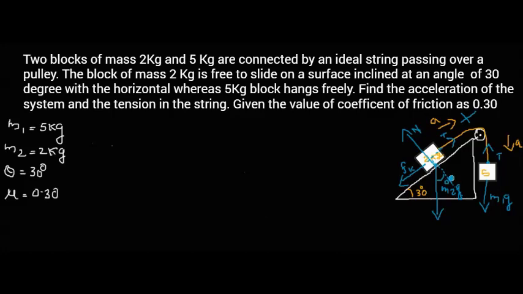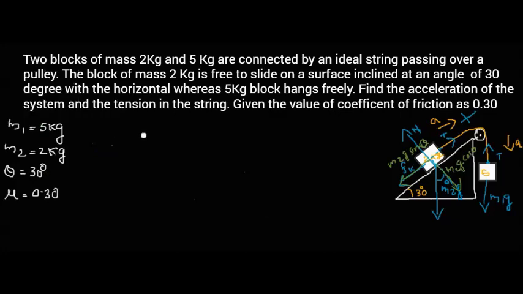Right. So this is angle theta. So since m2g is making a particular angle theta with the vertical axis, we have to resolve this m2g into parallel component and perpendicular component. So I am resolving this into two components, and one component is m2g cos theta and this component is m2g sin theta. Right. So I will draw the free body diagram here.